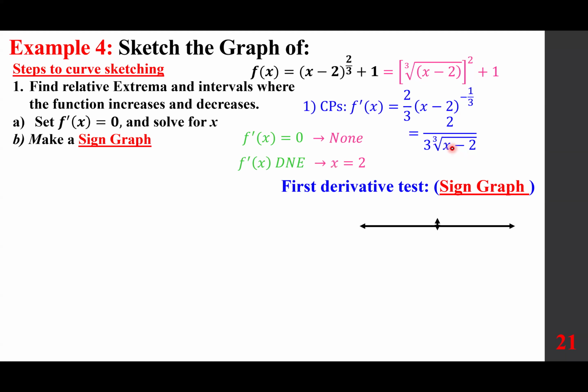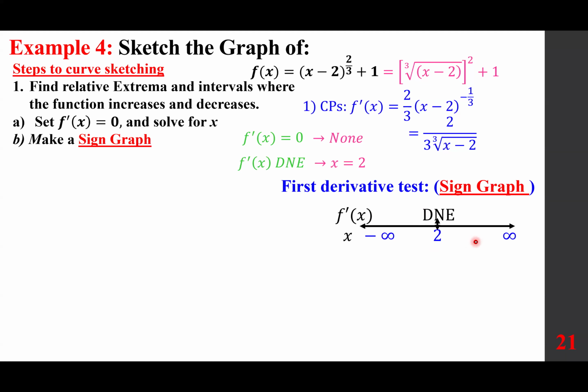So there is a critical point, everybody: x equals 2. So let's plug in. We are going from negative to positive infinity. Our critical point is 2, and we want to see what happens to f prime at 2. It does not exist. So what happens to the left and right?